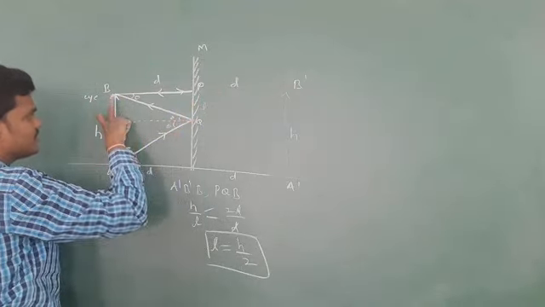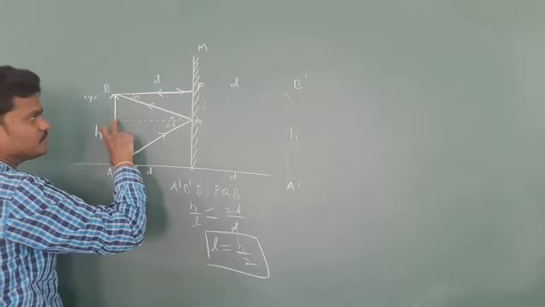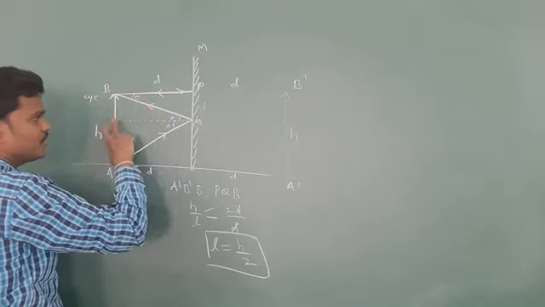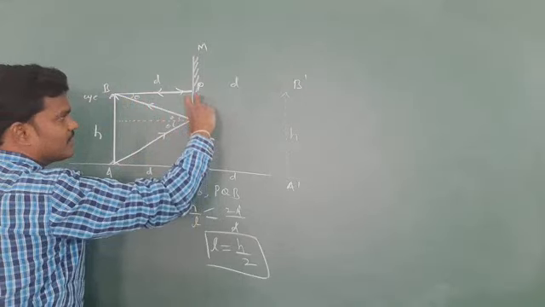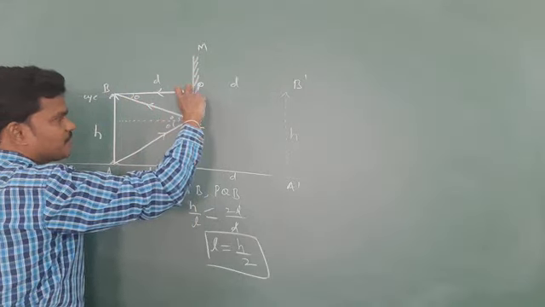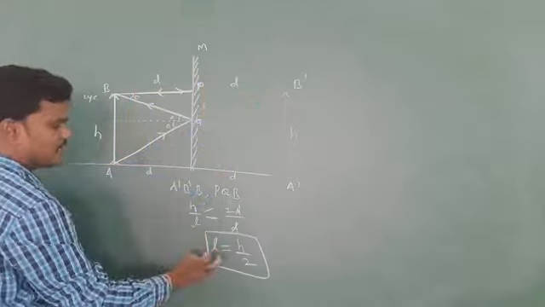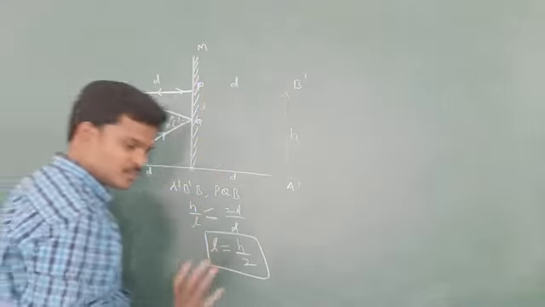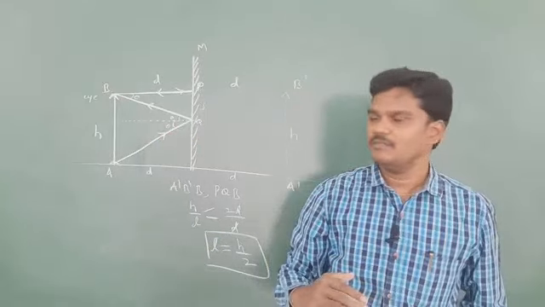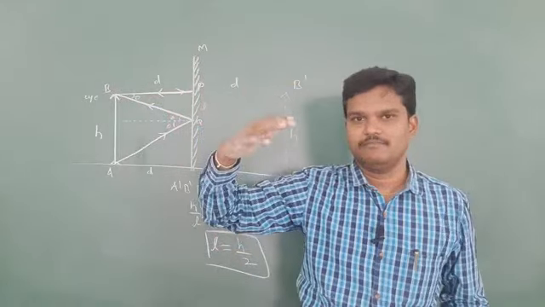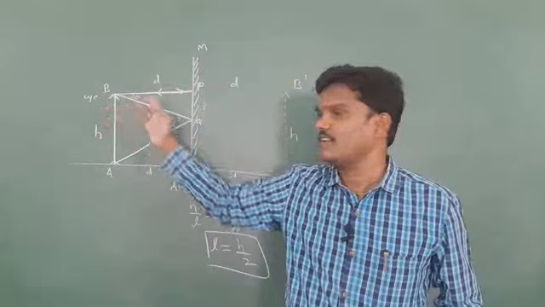This is h, this is h by 2. I drew it a little small, just h by 2, h by 2. And he requires only this part, h by 2. Use the geometry, you will get h by 2. Suppose the eye level is below the forehead, right now I am taking eye level onwards.